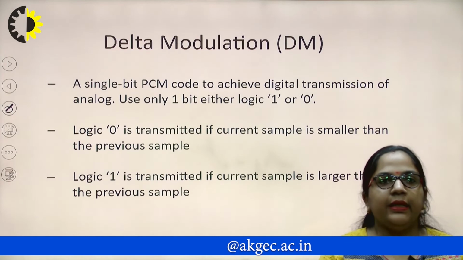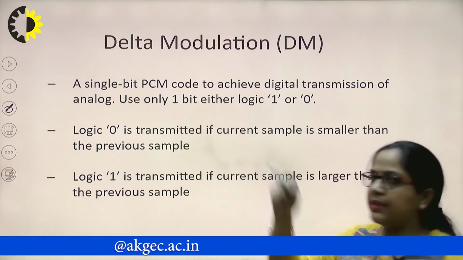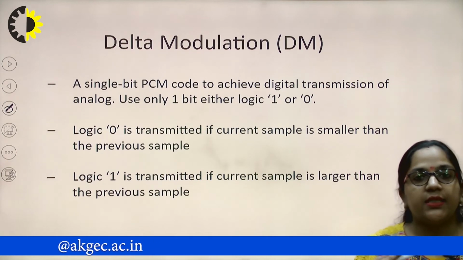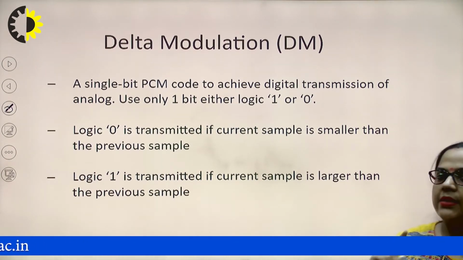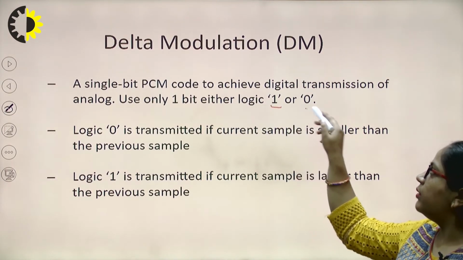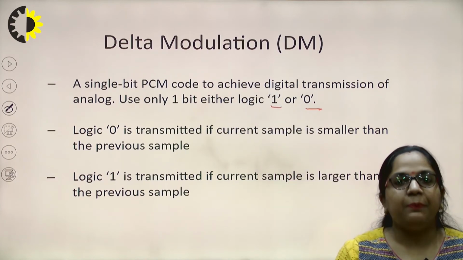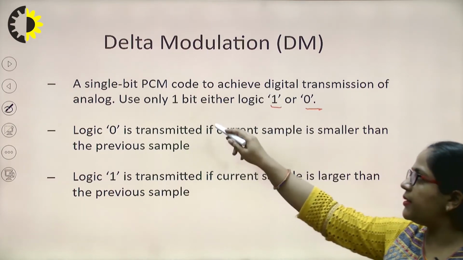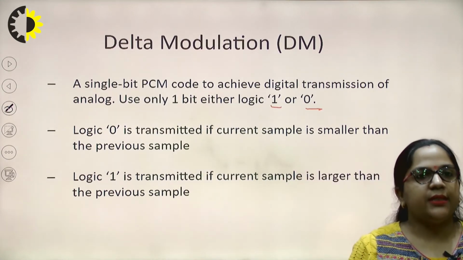Then in case of delta modulation, it is a 1-bit PCM code to achieve the digital transmission of the analog signal, and only 1 bit is required to represent each level, that is either 1 or 0. That is why it is called 1-bit PCM or 1-bit DPCM. Rather than single-bit PCM, it is more often known as 1-bit DPCM.